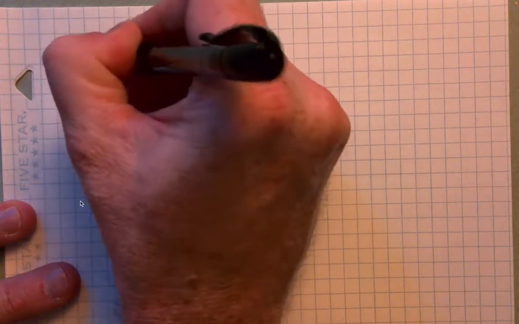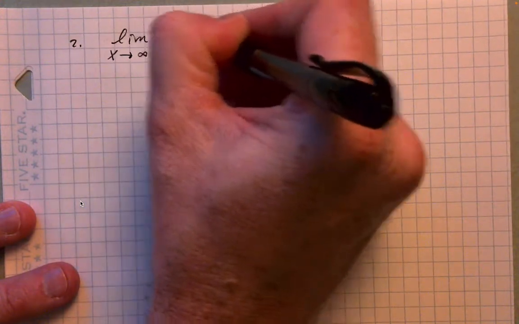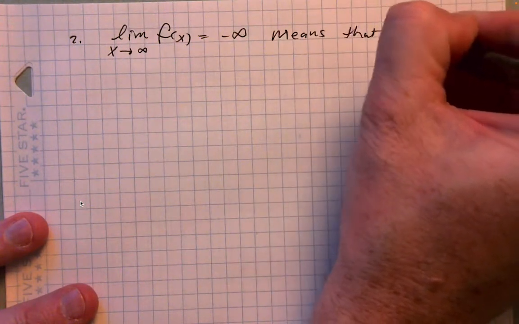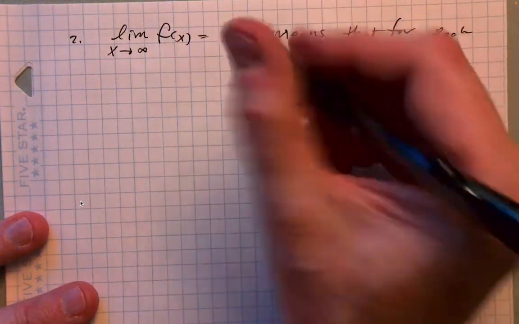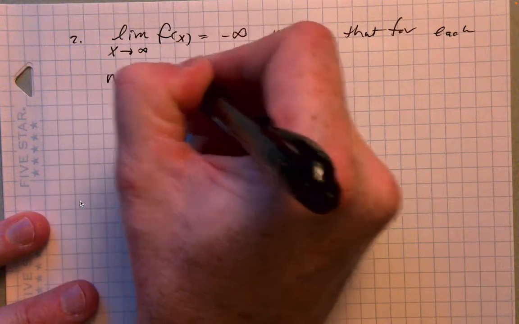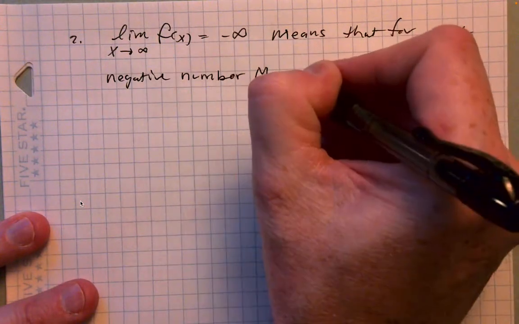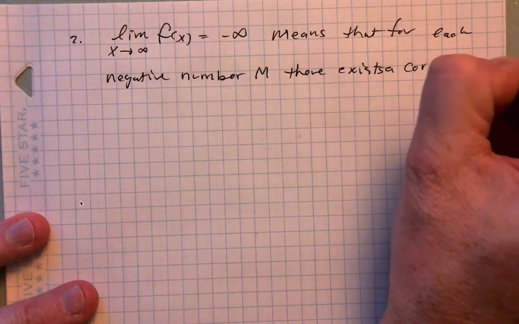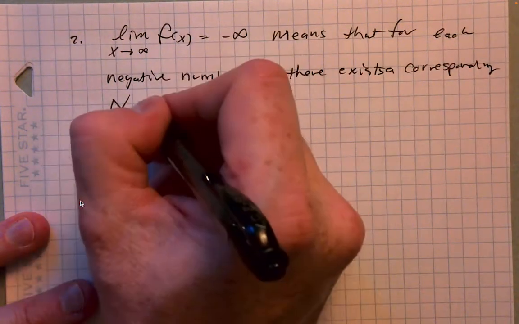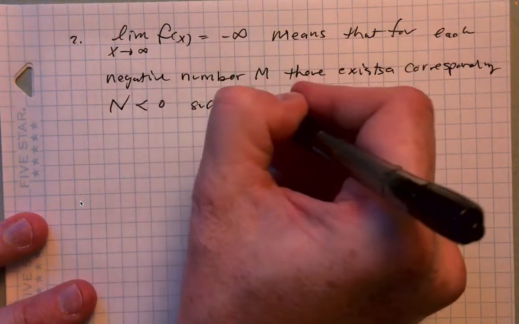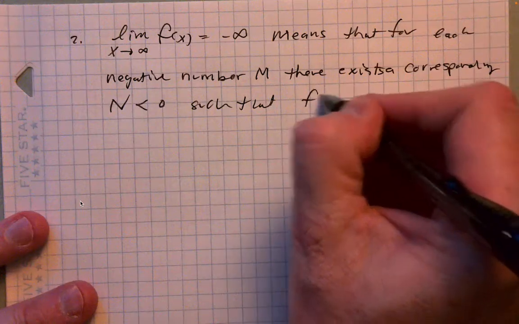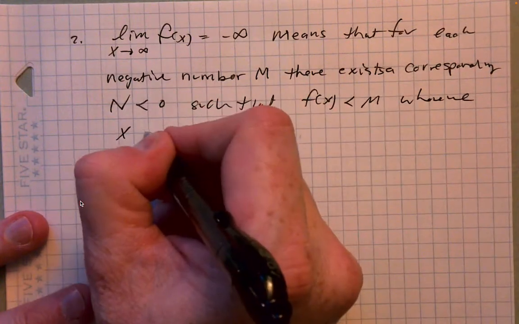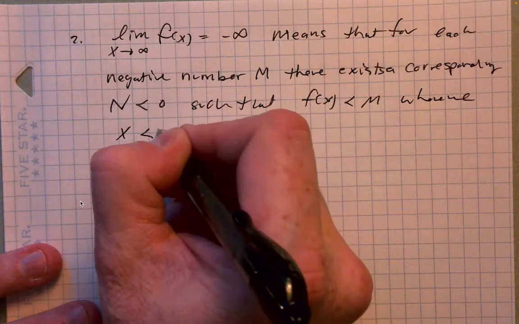So the limit as x approaches infinity of f of x equals negative infinity means that for each negative number m, there exists a corresponding n such that f of x, the function evaluated at x, would be less than m whenever x is greater than n.